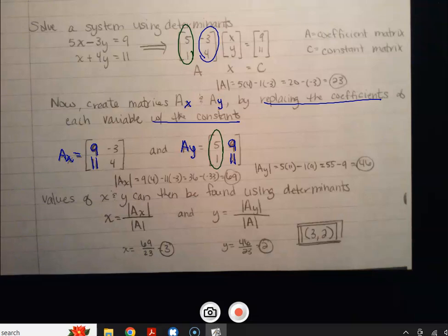Okay, but we replace the coefficients with the constants. And we put the x in this column, because again, when we wrote them even, from our equation, the x's were in the first column, the y's were in the second column.